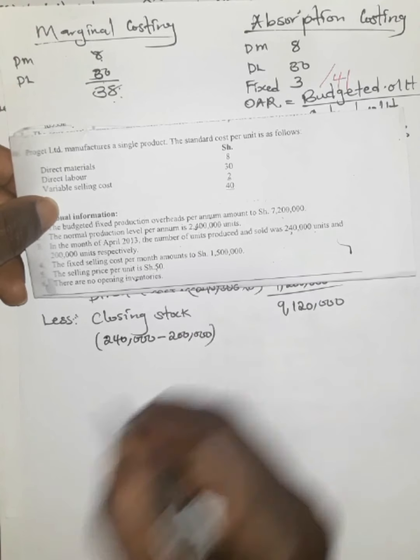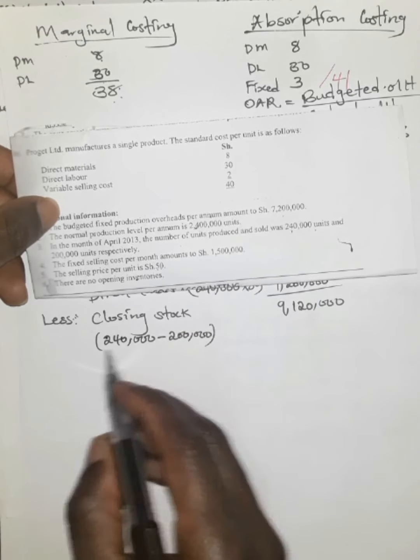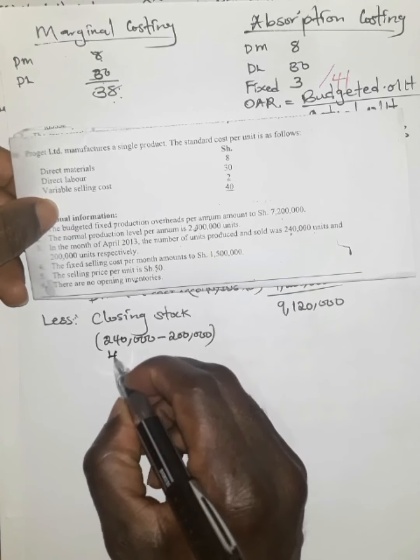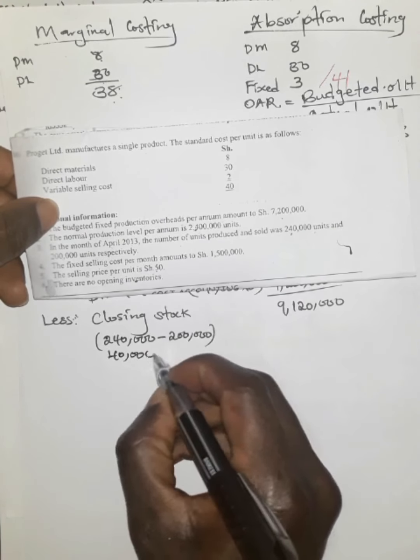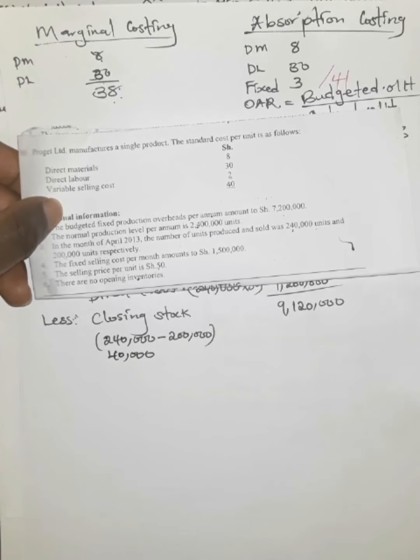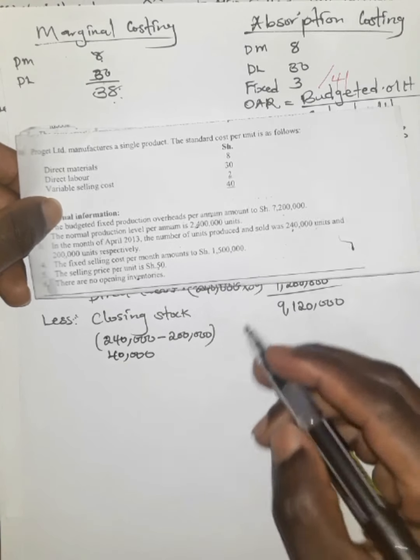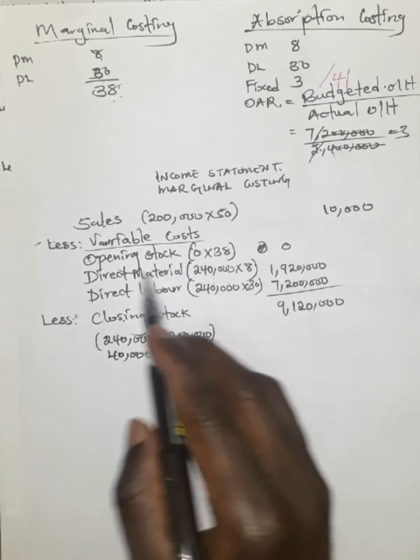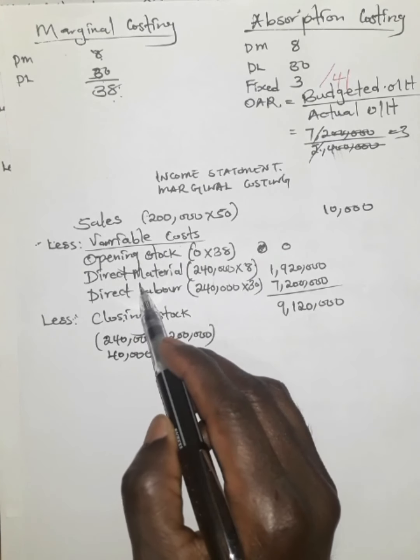We sold that, so the difference is what has actually not been sold, which happens to be 40,000.